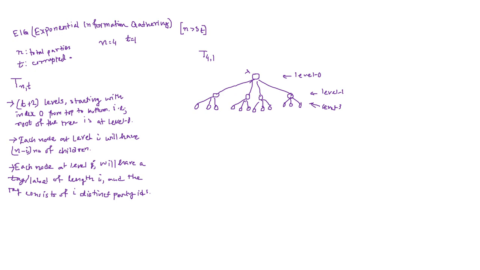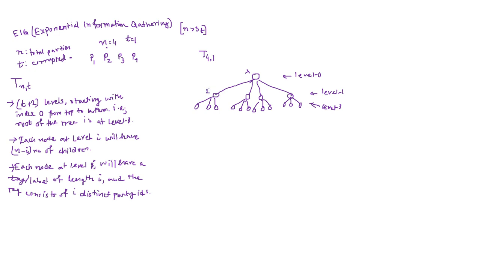Okay, good. Now at level 1, each node at level 1 will have a label of length 1, and these will be distinct. Let's say this is the party ID. We have P1, P2, P3, P4, 4 participating parties, right? The total number of parties is 4. So let's denote the parties as P1, P2, P3, P4, and 1, 2, 3, 4 are the party IDs. So each node at level 1 will have distinct party IDs.